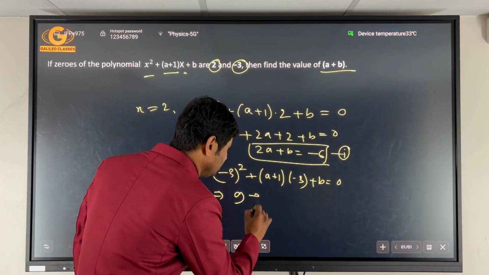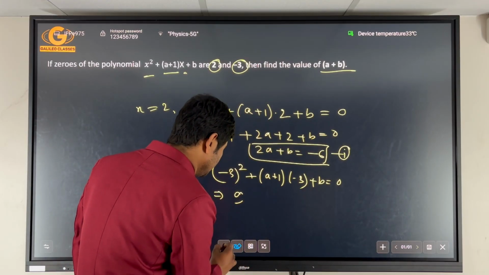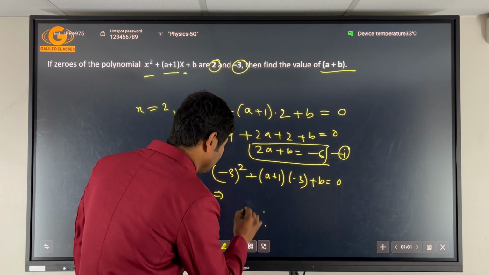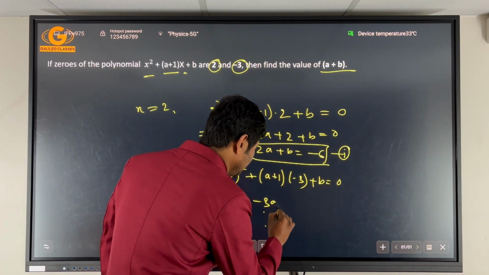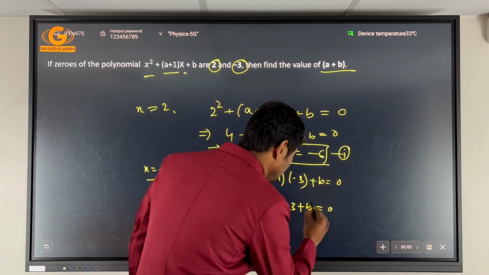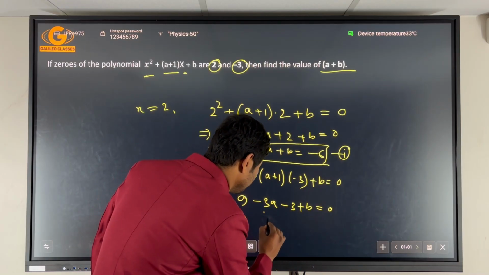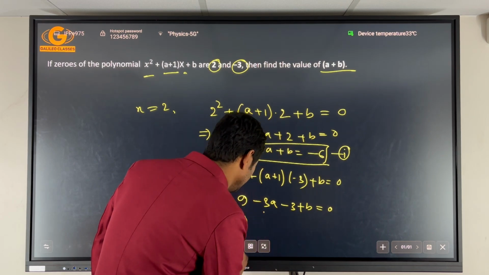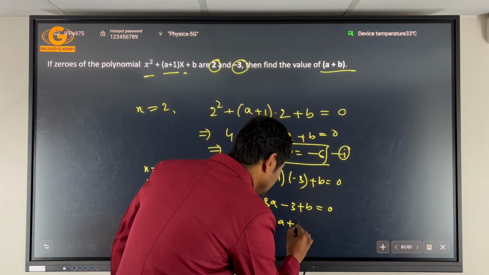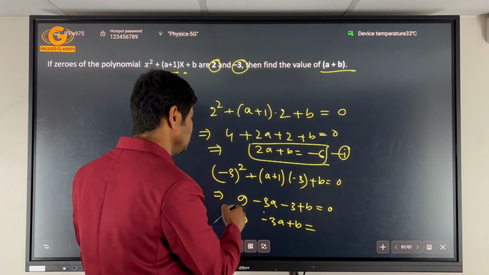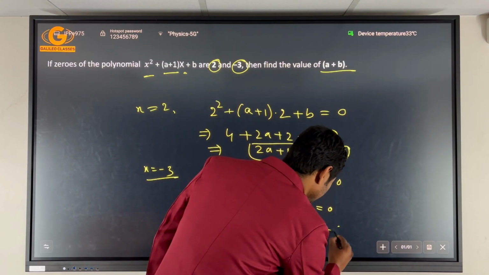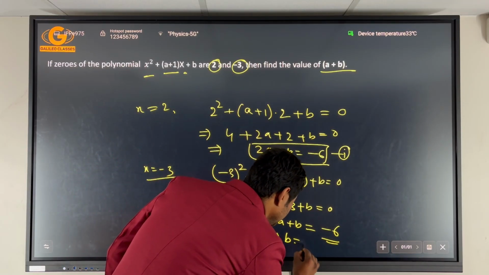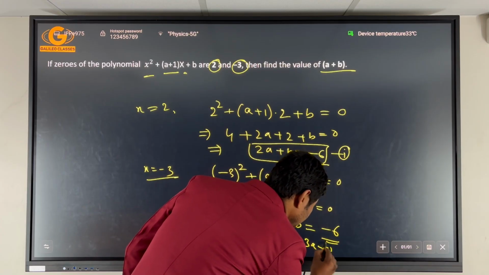There it will be 9 minus 3a minus 3 plus b is equal to 0, and it will be minus 3a plus b is equal to minus 6. Find from here b is equal to 3a minus 6.